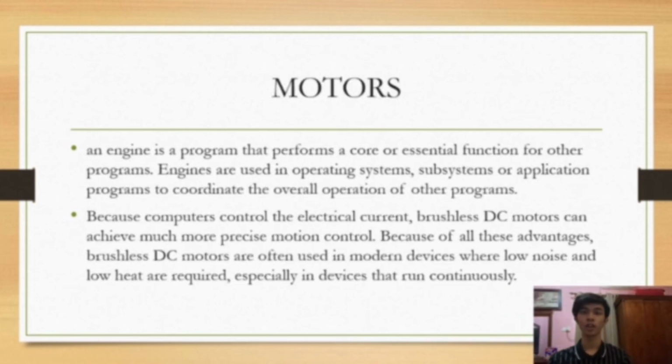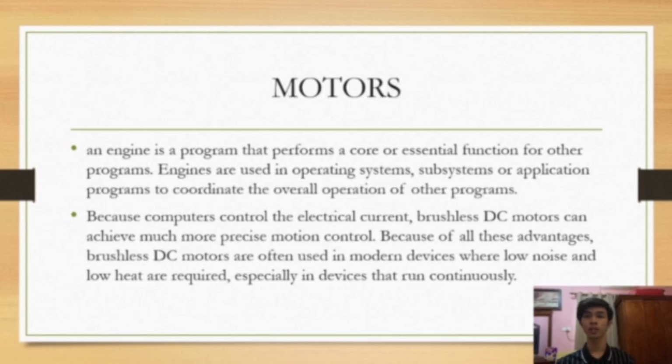Motors. In computer programming, an engine is a program that performs a core or essential function for other programs. Engines are used in operating systems, subsystems, or application programs to coordinate the overall operation of other programs.